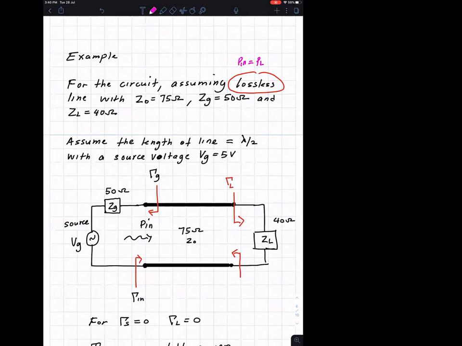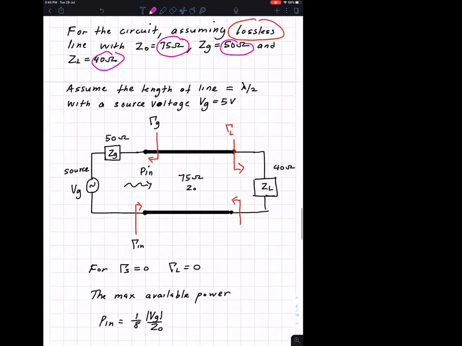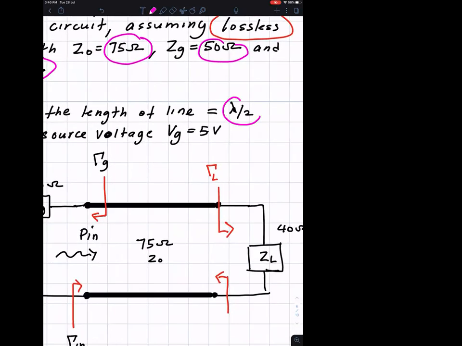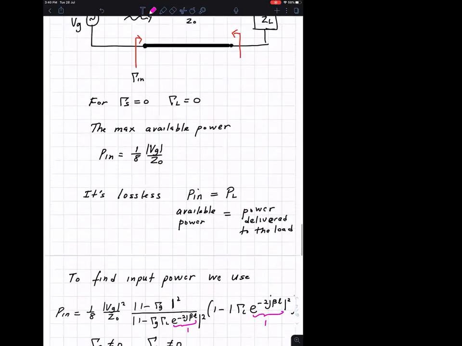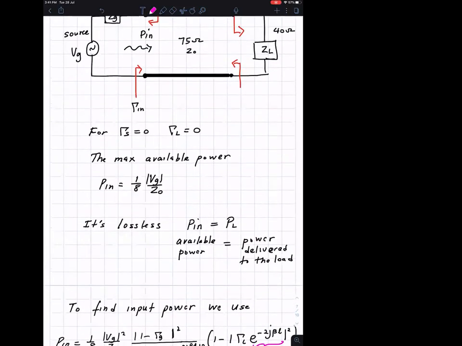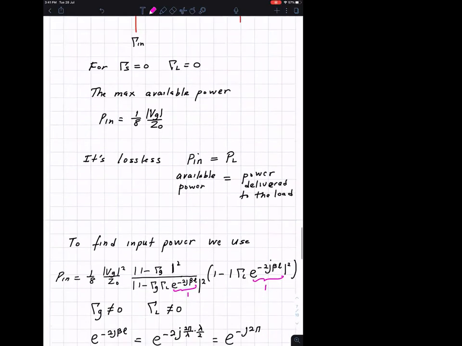And then you must understand that once these things are not the same, you're going to have reflection coefficients. You need to calculate them. Another thing to note, if you're given a length that is lambda over 2, then you have to calculate the exponential function.